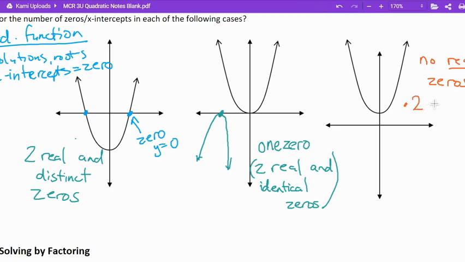So we say two complex or imaginary and distinct. So they're always going to be different. So when I ask how many solutions are there in that case, now we don't say there aren't any. No, now there are two distinct solutions and they're going to be complex. So when the parabola does not cross the x-axis, that's a case of having imaginary zeros.